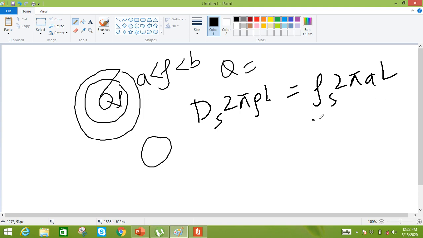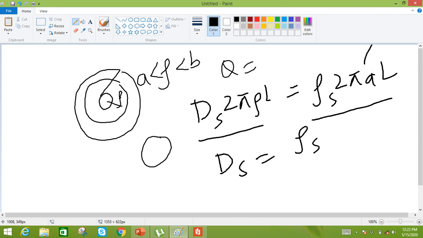This was the charge contained over the outer surface of the inner conductor having a radius A. This was the charge enclosed by the Gaussian surface, which is the same charge. So from this relation we can find that D_s is equal to ρ_S into A divided by ρ.